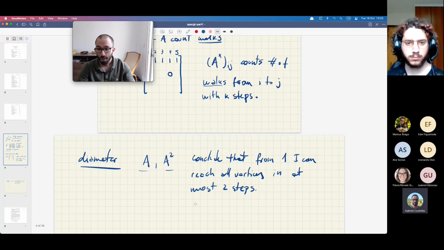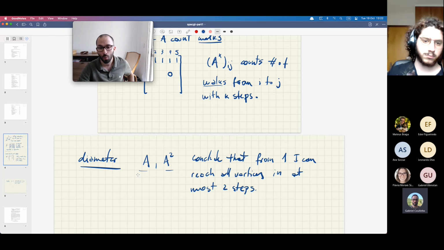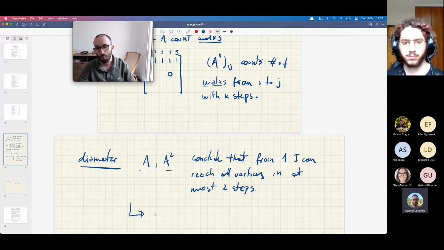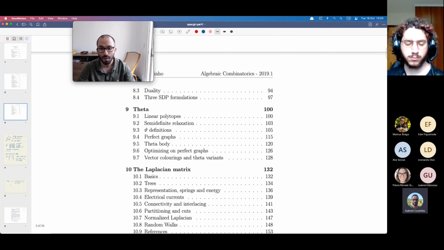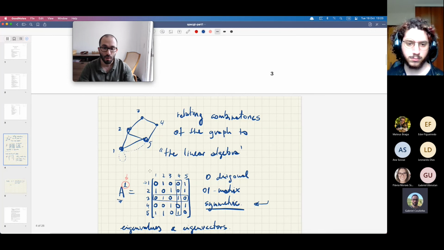So by looking at A and A squared and looking at where A and A squared have entries different than 0, I will be able to conclude that I can reach any vertex of the graph from any vertex of the graph in at most 2 steps. And this is exactly the definition of saying that this graph has diameter 2.